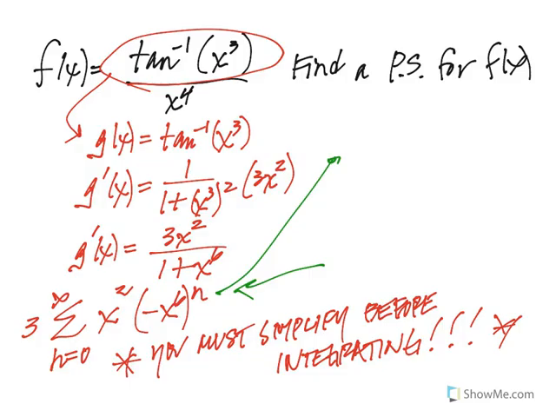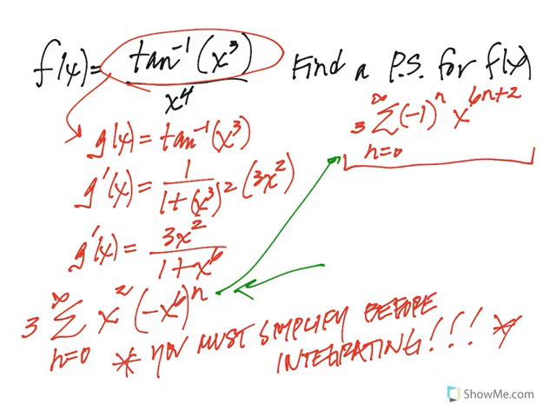So let's put this right up here. This is 3 times the sum from n equals 0 to infinity of negative 1 to the n, x to the 6n plus 2. This form right here is all right to integrate.